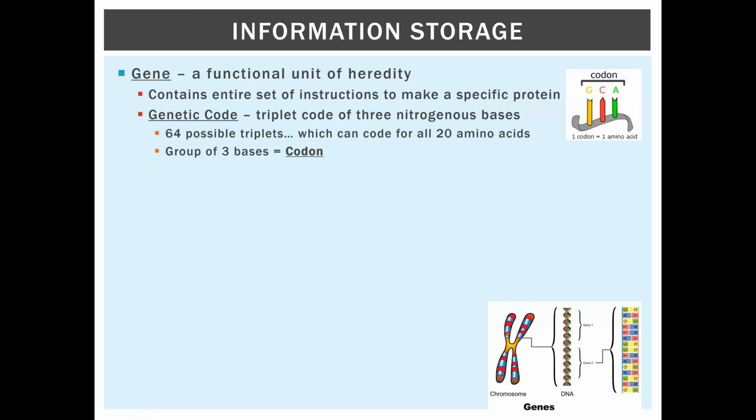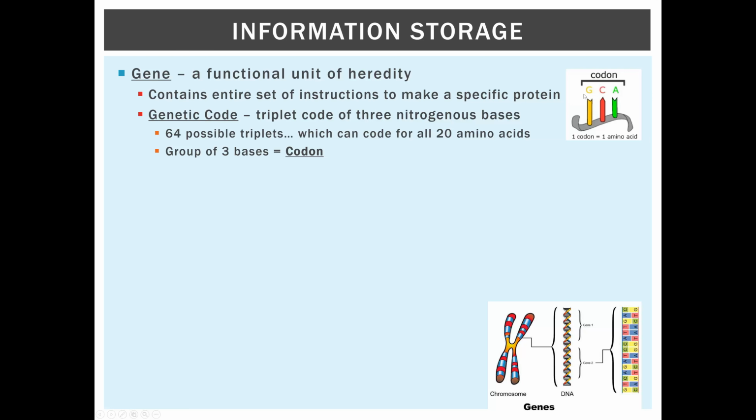In order for the gene to be read, it follows what's called the genetic code, and that is the information is stored in a triplet code. Triplet means 3. So there are these triplets of 3 nitrogenous bases, and remember we talked about the nitrogenous bases in chapter 2, and in this picture here, our example, we've got guanine, cytosine, and adenine.